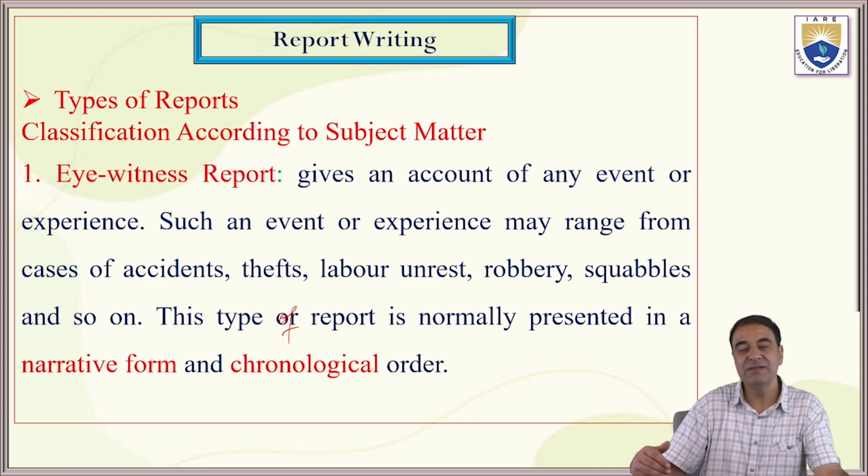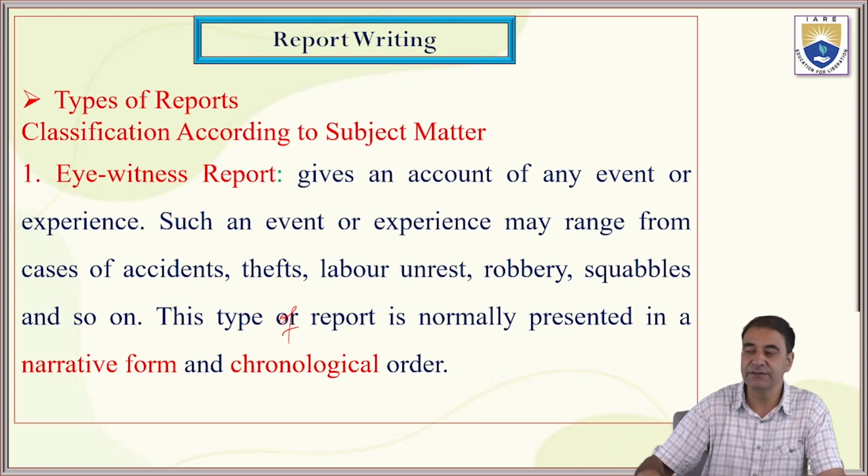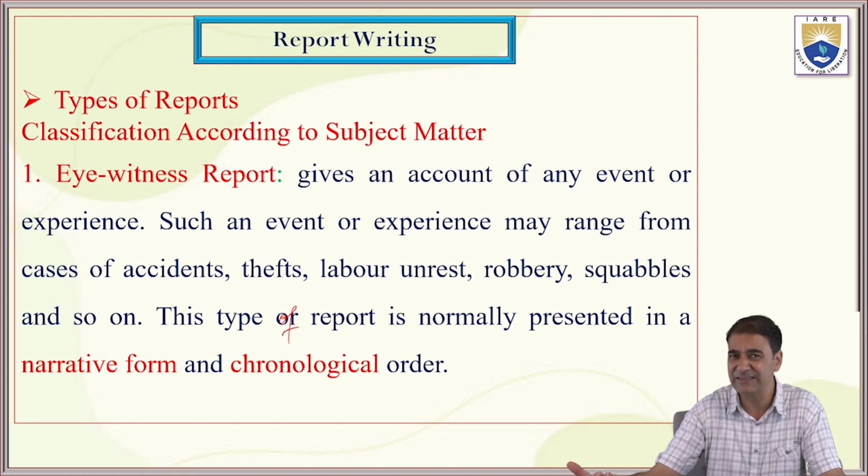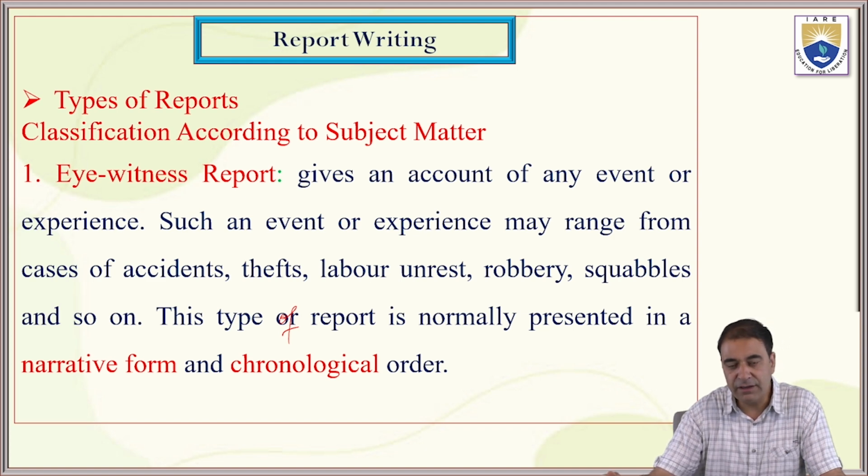Now, when we see the eyewitness reports, there are different examples of eyewitness report. For example, accident, theft, labor unrest, robbery. These are all examples of eyewitness report. Here, the reporter becomes an eyewitness, and the reporter narrates the whole event following a certain pattern or a chronological order.